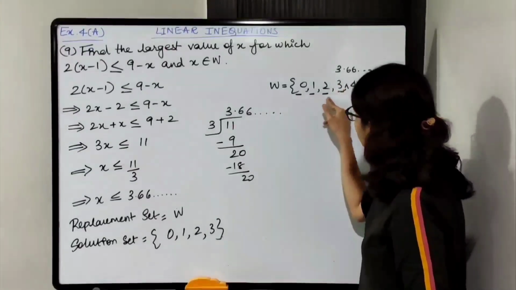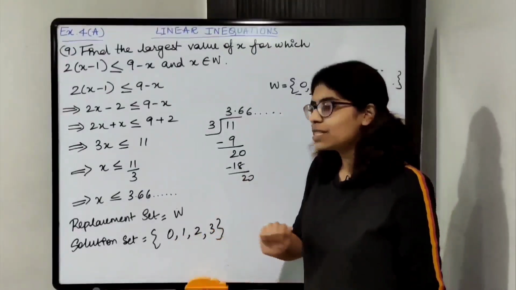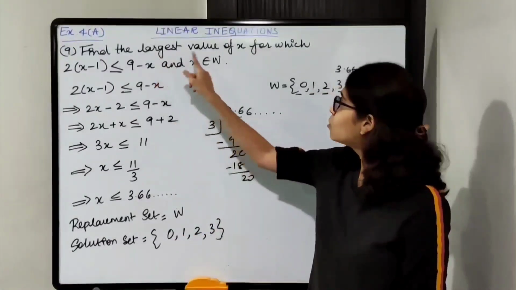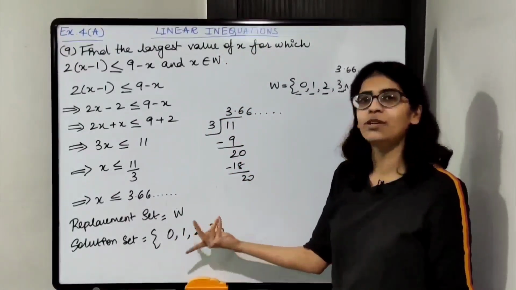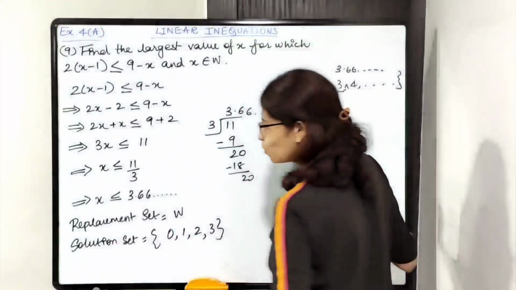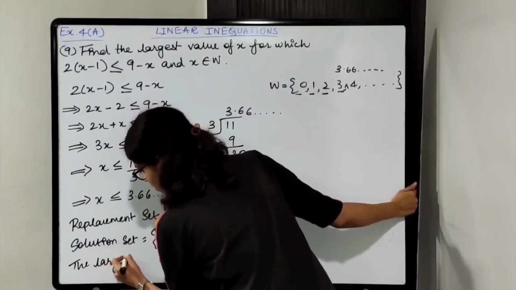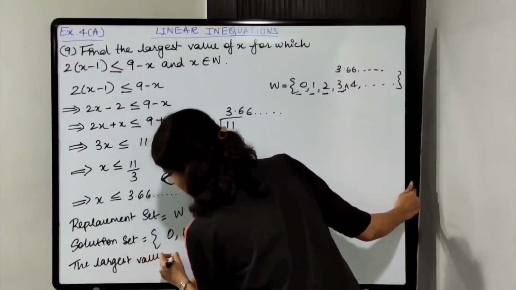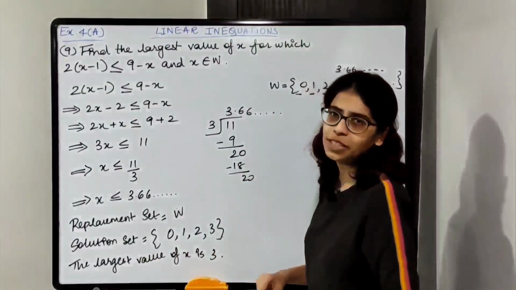So 3 and these values. Alright. So ये solution set हो गया. What will be the largest value of x? Look over here. Largest value 3 होगा. So the largest value of x is 3.